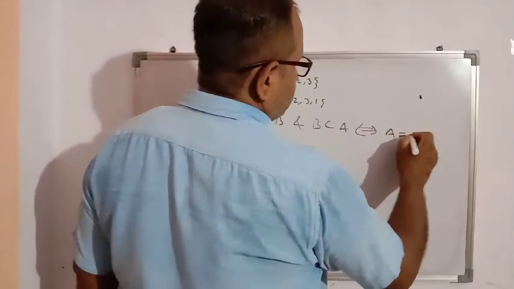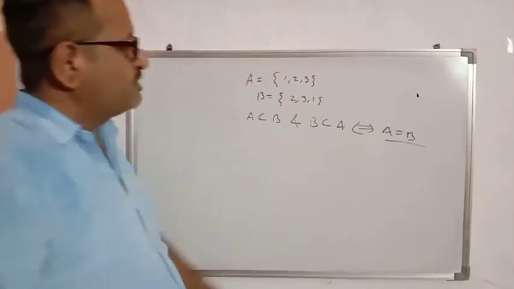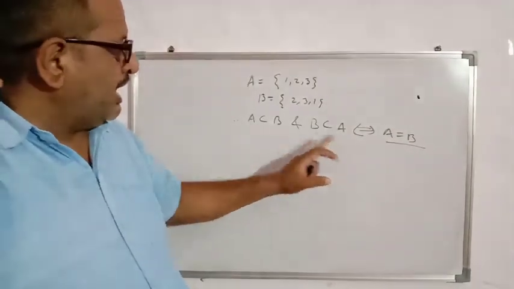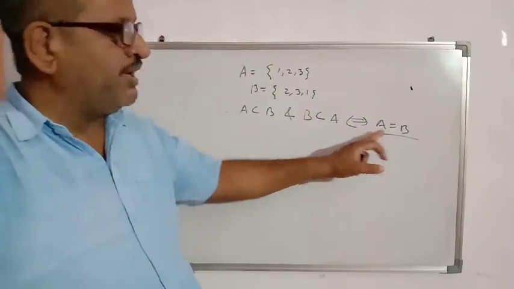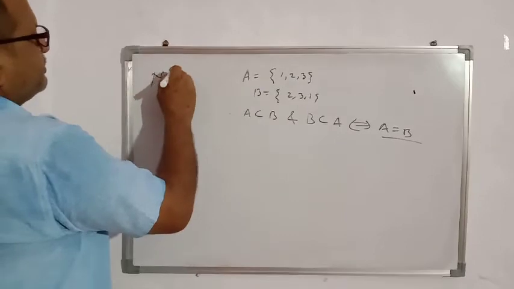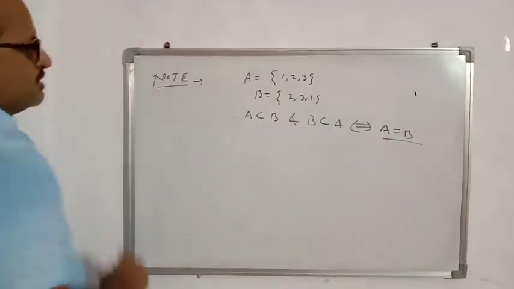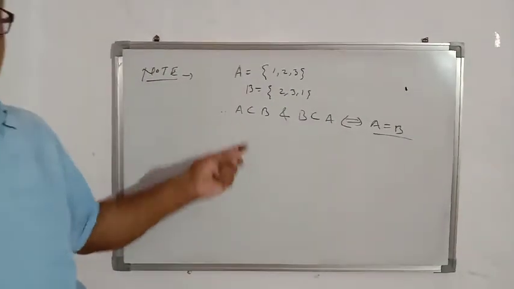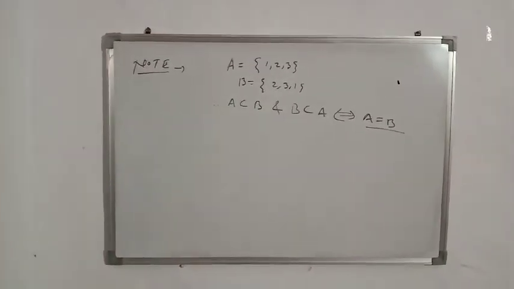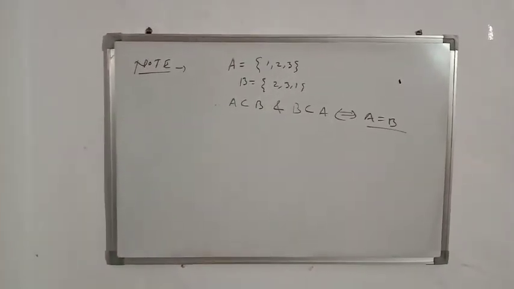A is equal to B. So if two sets are equal, then A is a subset of B and B is a subset of A. And if A is a subset of B and B is a subset of A, then we can write A is equal to B. So you can note it. If two sets are equal, then both are subsets of each other. Now we will discuss some problems from the exercise.